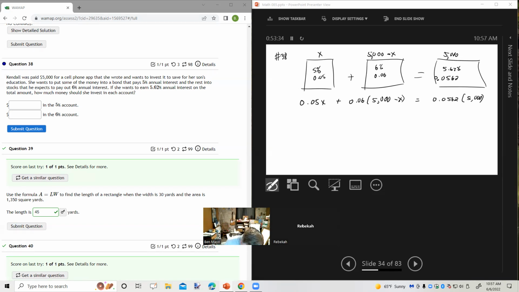So then from there, 0.05X plus, if we take 0.06 times 5,000, we get 300 minus 0.06X equals 0.0562 times 5,000, 281.